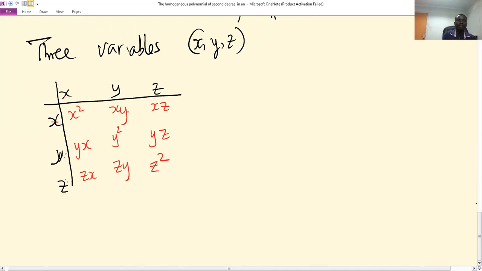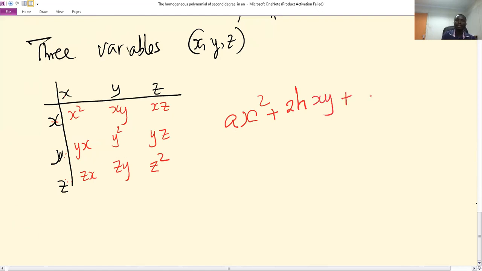Now, because the product of x, y, and y, x is the same thing, that's why we write this one as x squared. So we write coefficient a plus this and this are the same, so we write 2h xy.